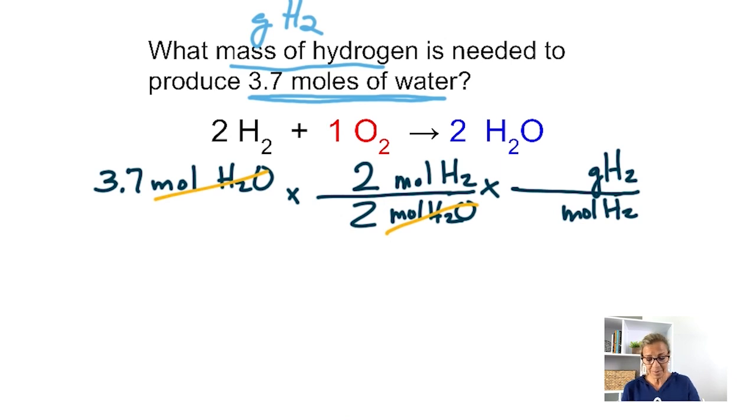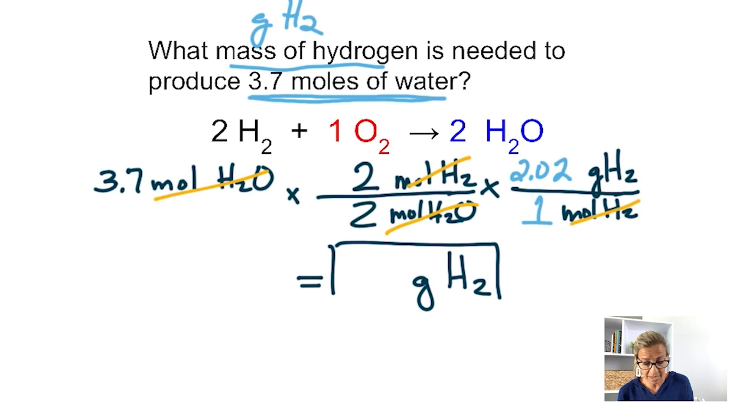Molar mass is, for 1 mole of hydrogen, we have 2.02 grams of hydrogen. When we multiply here, moles of hydrogen cancels, and we're left with grams of hydrogen. The answer would be 7.5 grams of hydrogen.